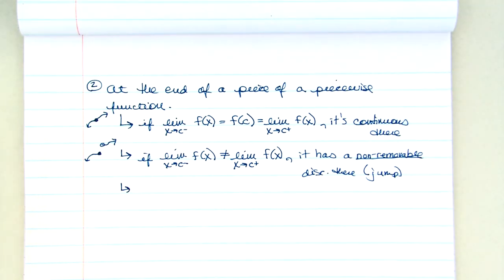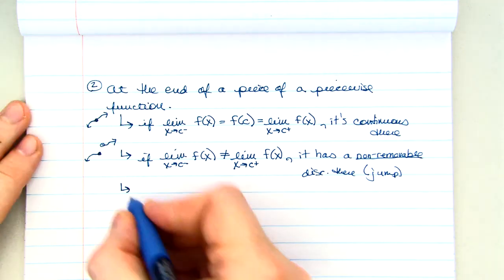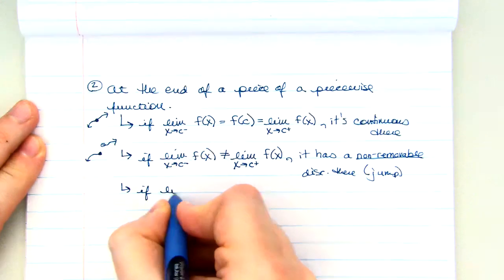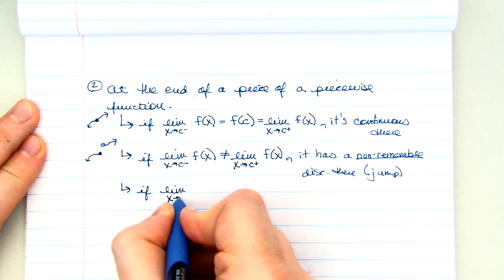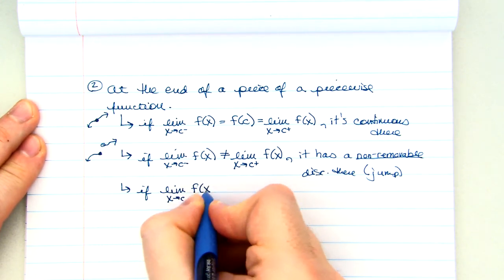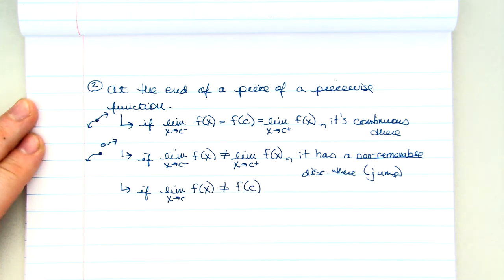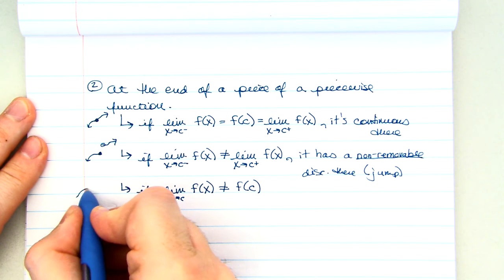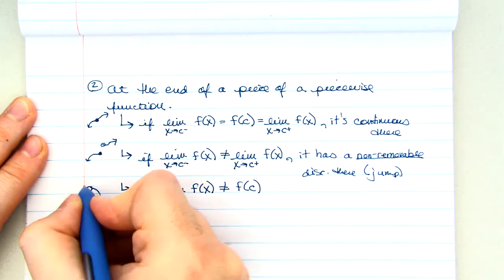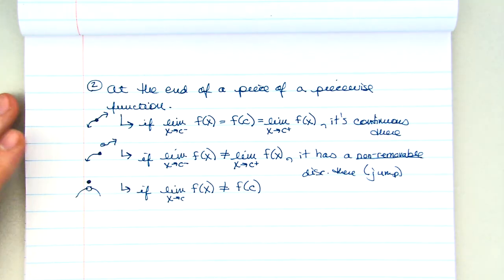There's one more thing that could happen when I go from one piece to another piece. If the limit as x approaches c of my function doesn't equal f of c, I've got a limit that I'm approaching, but that's not the same as my value there.